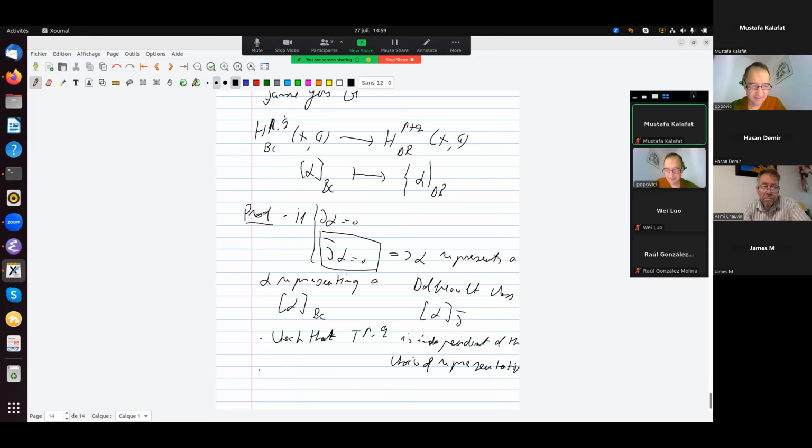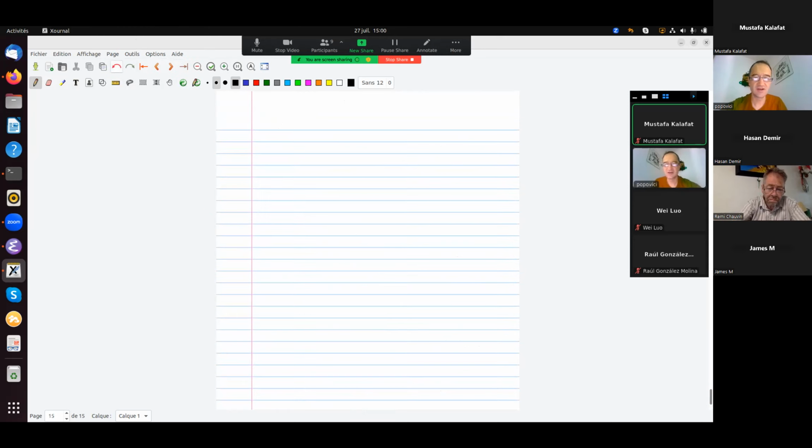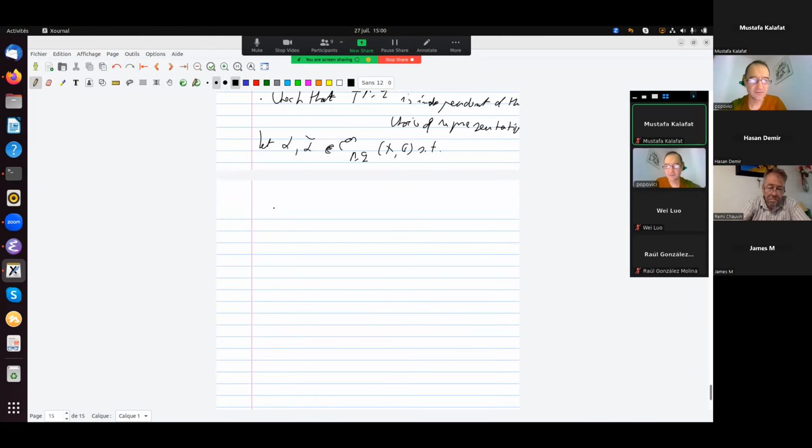So let us take alpha and alpha twiddle C infinity PQ forms, such that they represent the same Bott-Chern class. So we have to assume that they're both del and d bar closed.